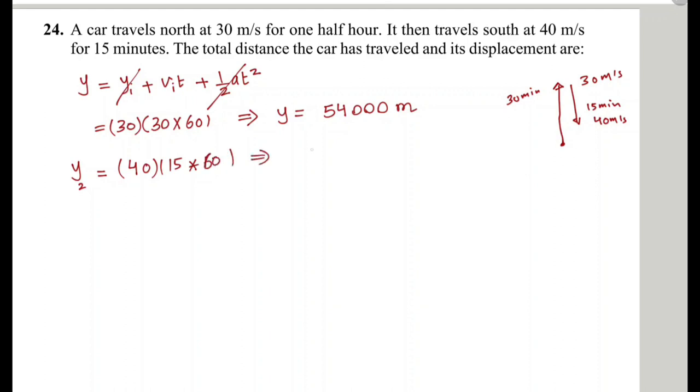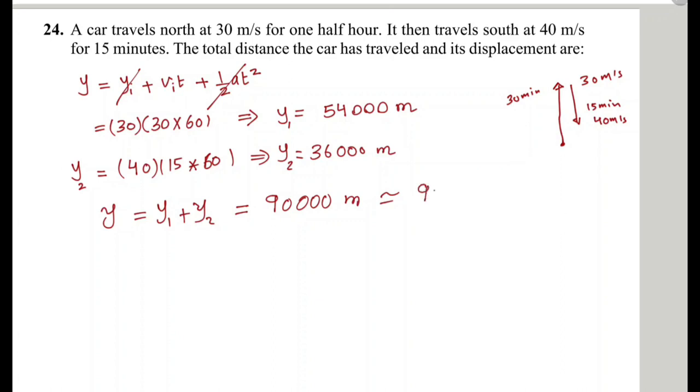so it's equal to 36,000 meters. This is y1, this is y2. Y total equals y1 plus y2, this is the total distance, which equals 90,000 meters or 90 kilometers.